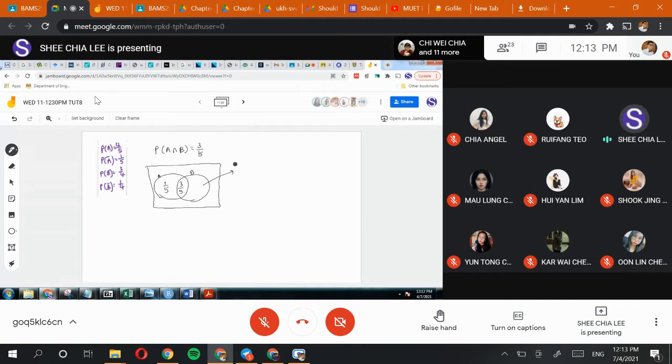So this part will be 3/4 minus 3/5. You get 3/20. This part is 3/20. Okay, so 1/5 plus 3/5 plus 3/20, this whole thing is 19/20. Outside becomes 1/20.